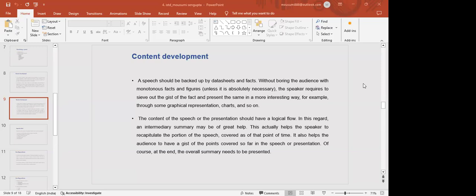You can also talk about the possibility of bringing in some new strategic alliances, maybe taking over some smaller company, just an example. So when you are going to talk about this content development, depending on the objective and what you want to achieve, different types of data, facts, and figures are to be provided. And naturally the presentation should have a logical flow, which we all know, we all are experts here.